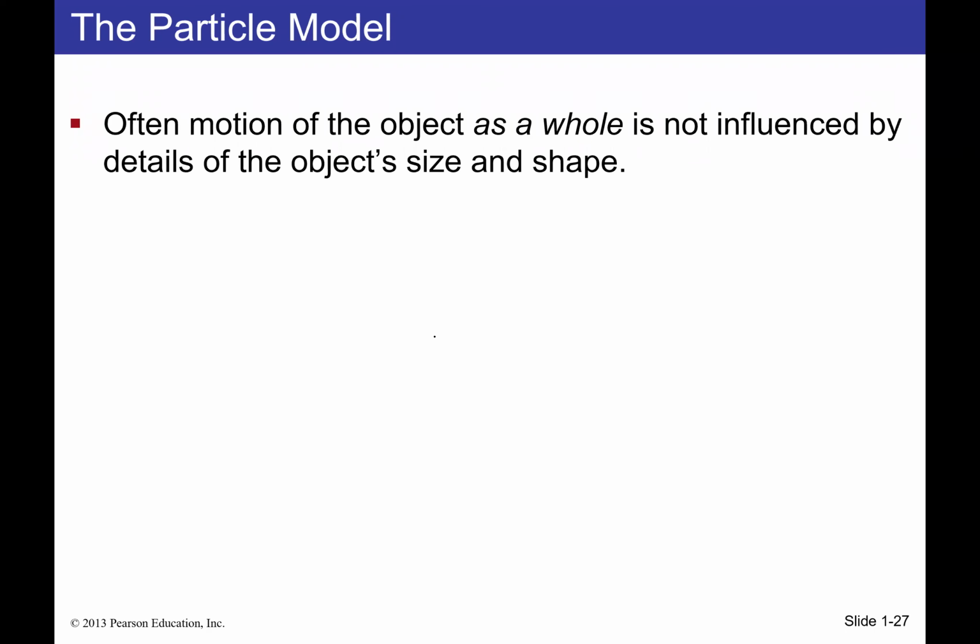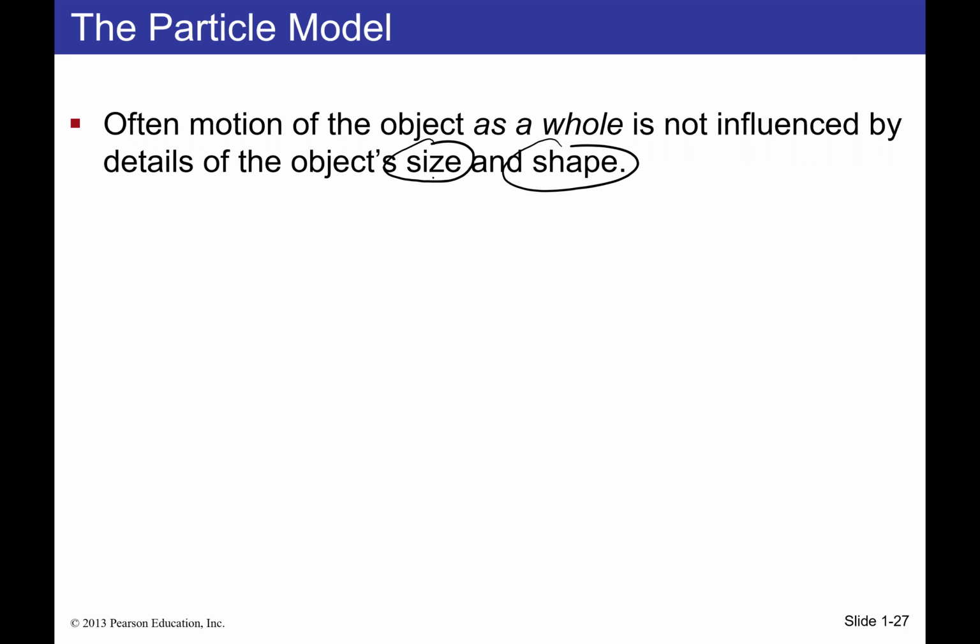There's nothing wrong with starting with a simple description of the motion, and then adding more and more layers as we go and learn more. Right now we're assuming that the size and shape of the object are not important.